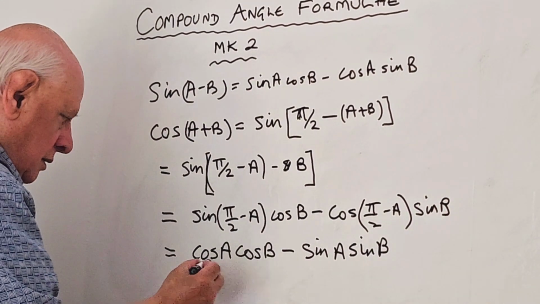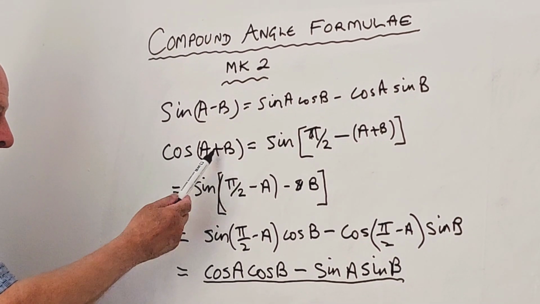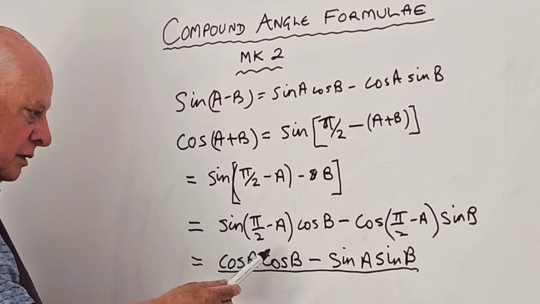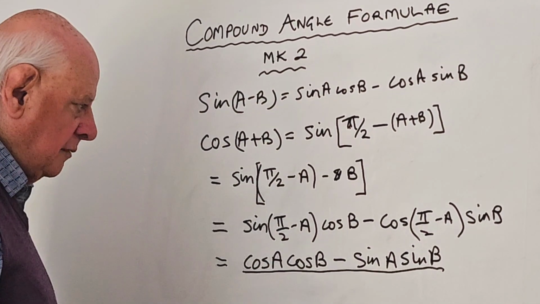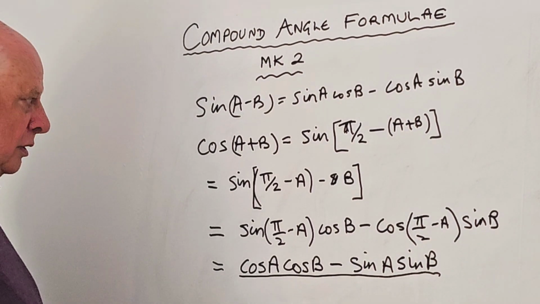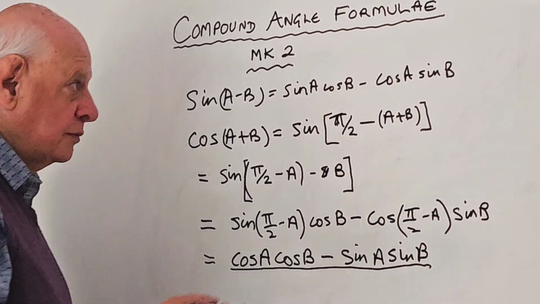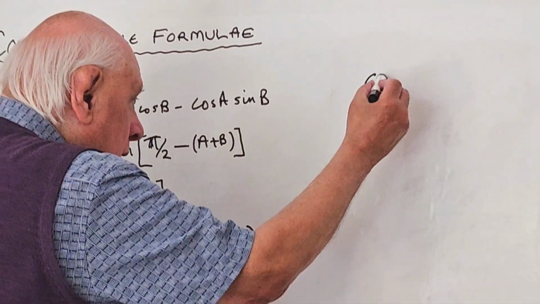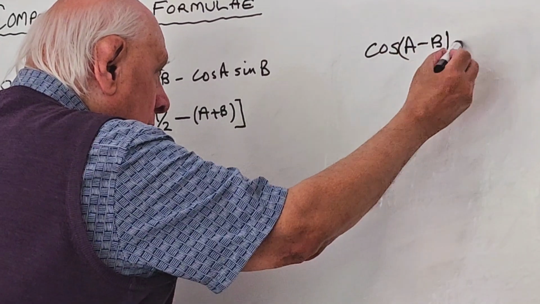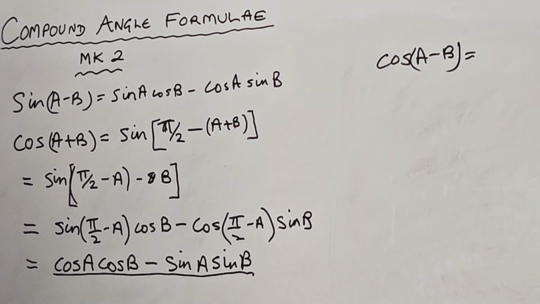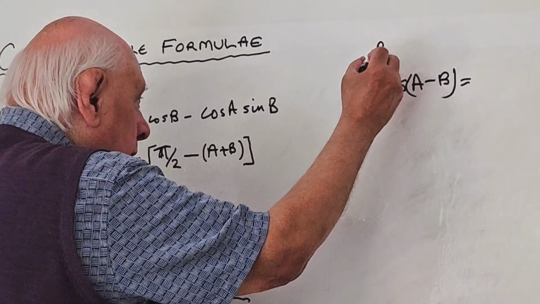And that gives us a new formula here. In other words, cosine of A plus B is cos A cos B minus sine A sine B. And using the same little trick that we used before, if we replace B by minus B, we'll get this expression here, cos of A minus B is equal to, we're replacing B by minus B, I'll just write down there what we've done.